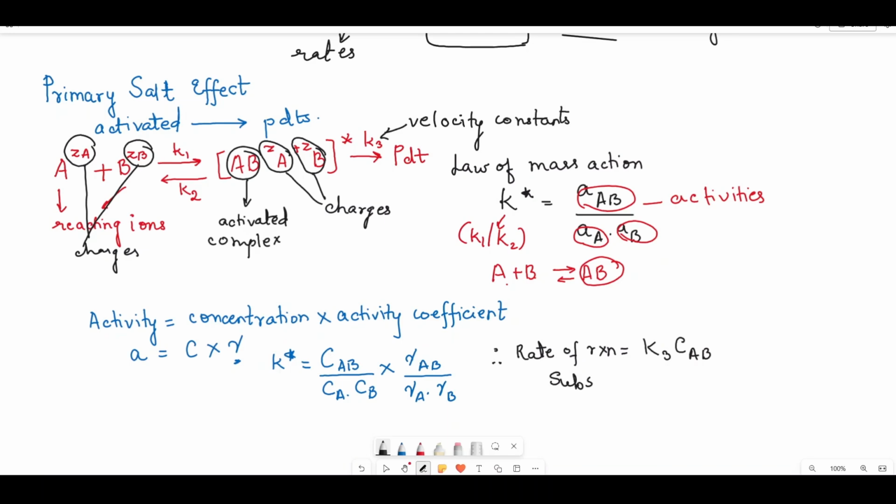Substituting the value of CAB into this equation, we get the rate of reaction as K3 K star.